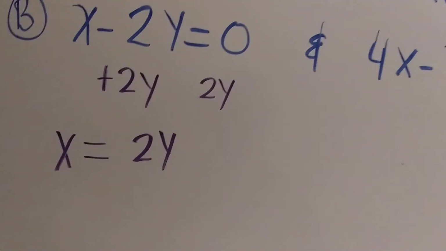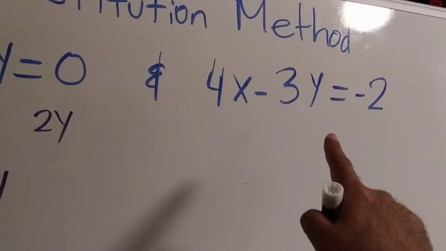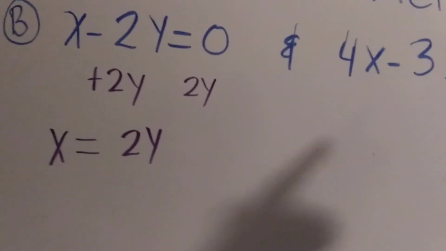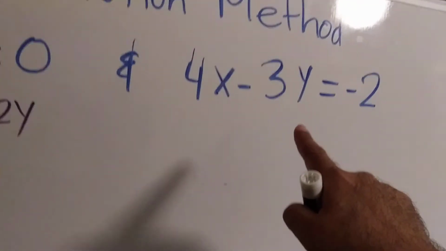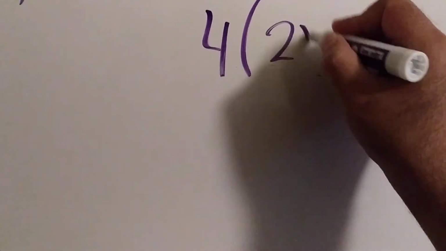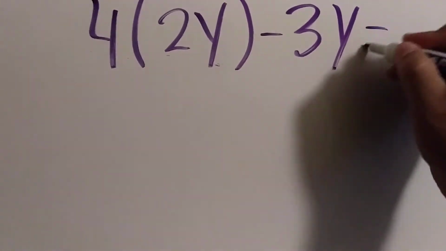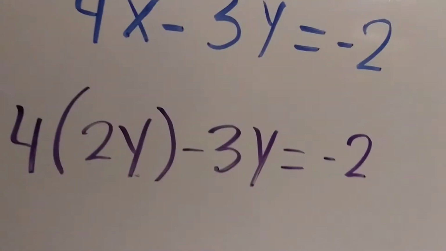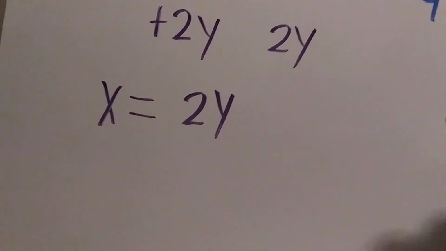Now, wherever we see the x in the other equation, we're going to substitute the value 2y into the second equation. So we have 4 times 2y minus 3y equals negative 2, correct? We just substituted 2y for x.